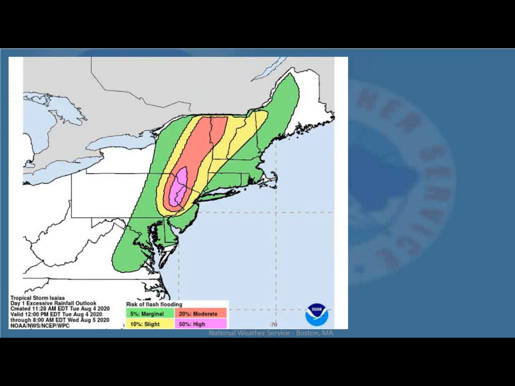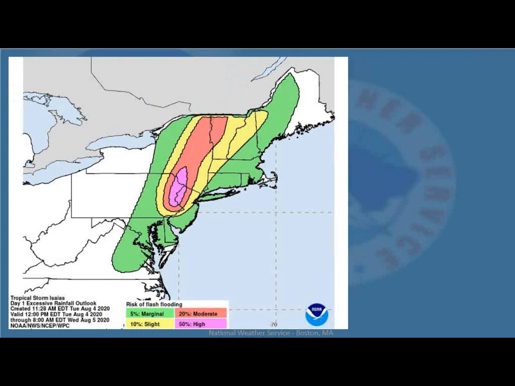This is the outlook by the Weather Prediction Center, and if you're having a hard time trying to keep up with all the agencies in NOAA, I don't blame you. There are a lot of agencies, but the Weather Prediction Center is based in Silver Spring, Maryland.